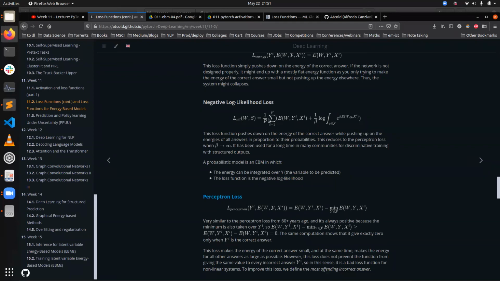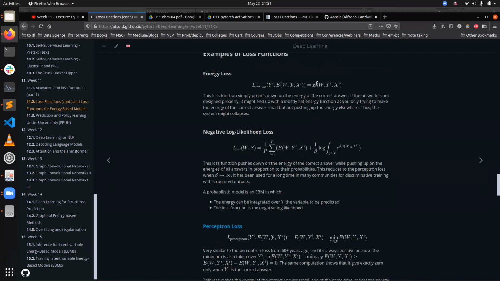Okay, so if you look at this formula, this part is the same as this. So you want to minimize the energy at the data point at the correct y, and then you want to push up for all other y's. So you integrate over all y's.